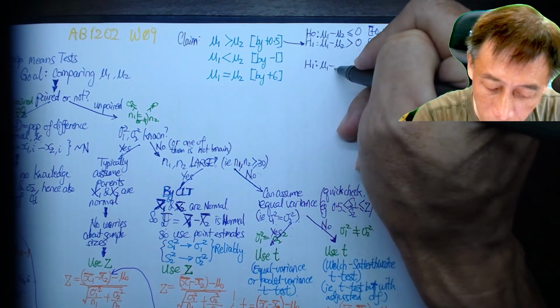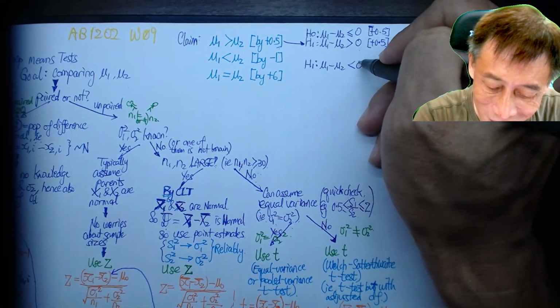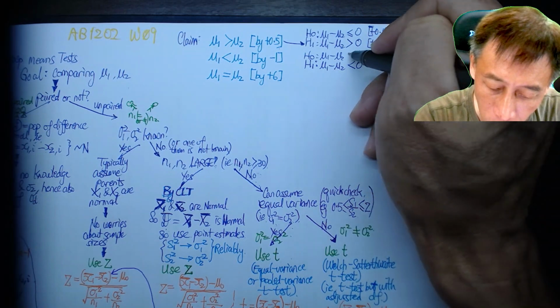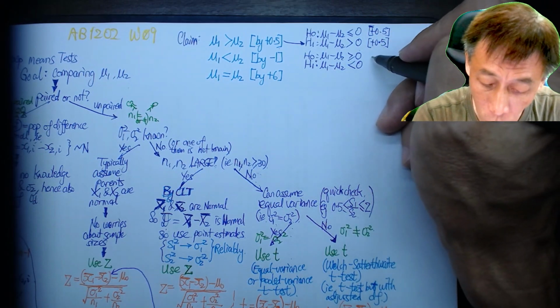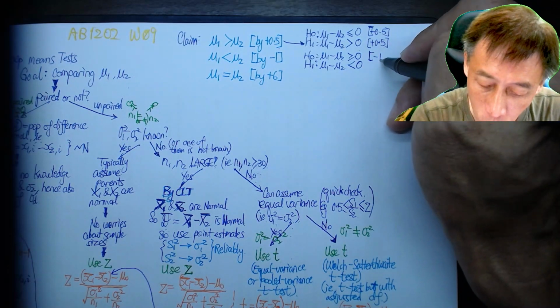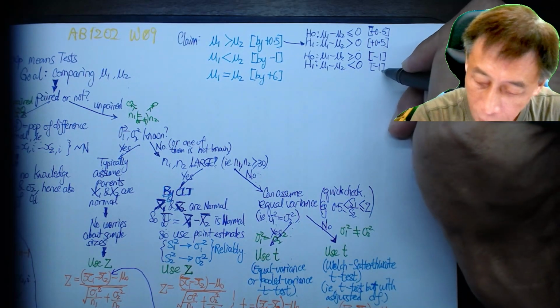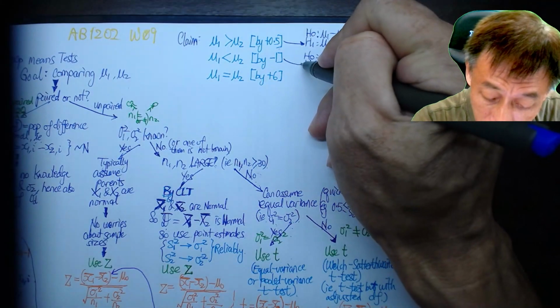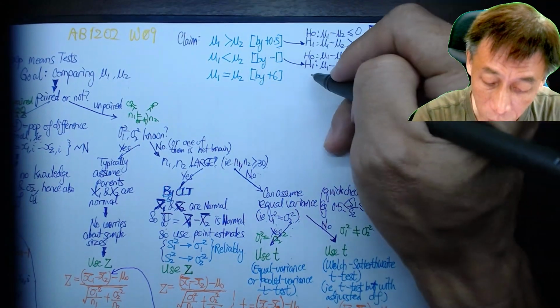You will say mu1 minus mu2 less than 0, and the complement is mu1 minus mu2 greater than or equal to 0. So again, if it is by at least -1, then you just put -1 instead of 0 here. So far, so good. And I suppose you can guess how to write the third one.